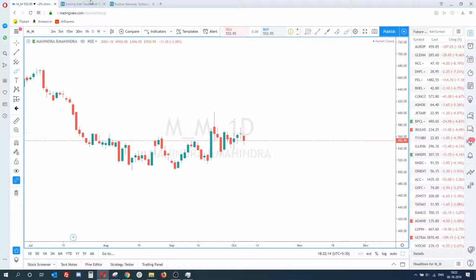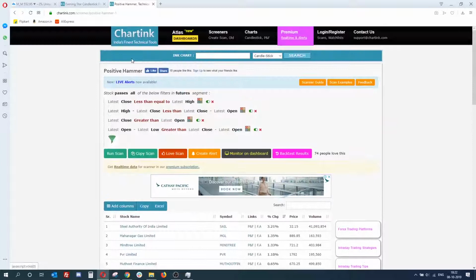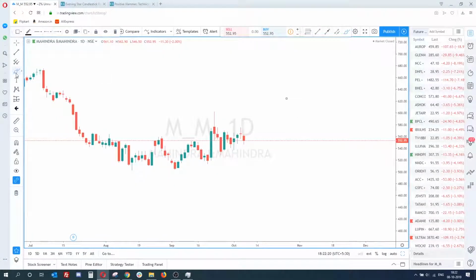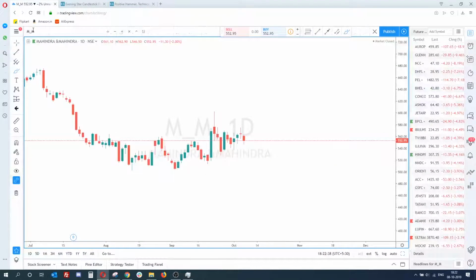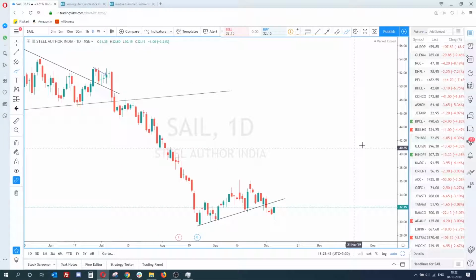Another thing is the positive hammer. This is what a hammer looks like. It happens in a downtrend, and if you see a hammer, more likely the stock will go up. Let me go ahead and see SAIL. Same story as Mahindra and Mahindra.